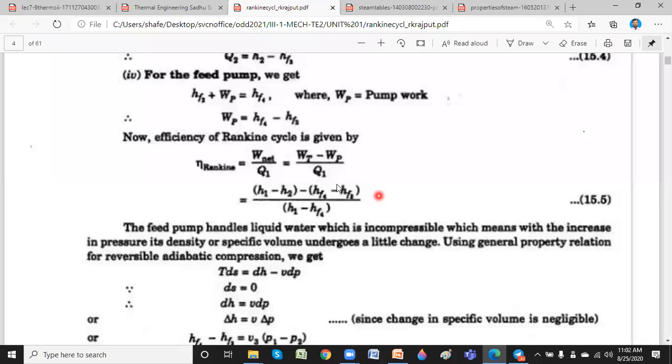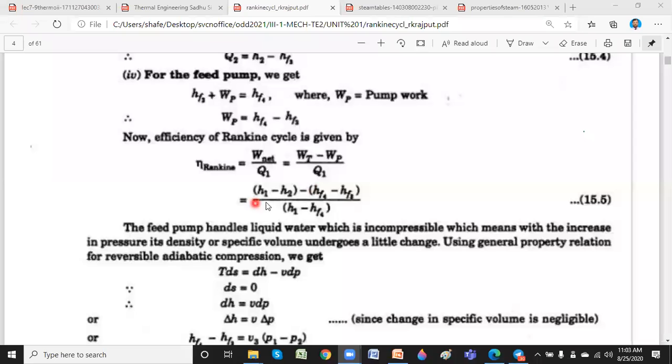If I neglect the pump work, then my expression will be like this. See here, if I neglect the pump work, you have only (H1 minus H2) by (H1 minus HF4). HF4 means that 4 is in the liquid line. So that's how I can find the Rankine cycle efficiency if I neglect the pump work.